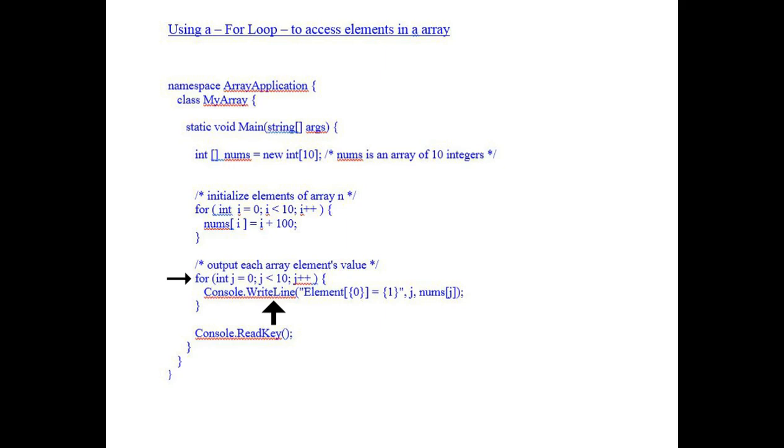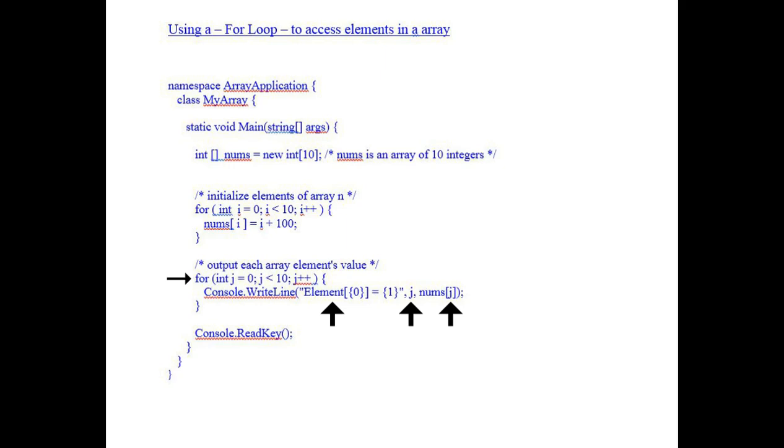We're going to print out the word element, and then we're going to print the index of the array, so the index number, and then we're actually going to print the value contained within that element.